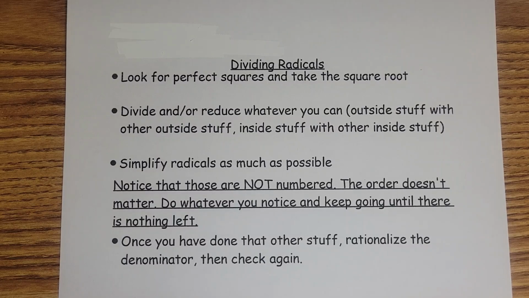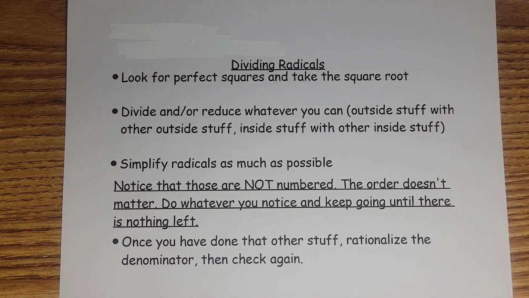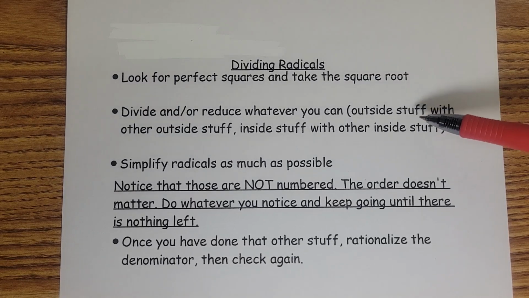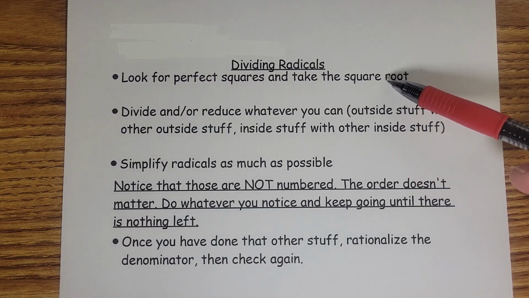Simplify radicals as much as possible, and just be aware, I even made note of this, these are not in any particular order. You can do stuff as you notice it. There are times when you might notice a perfect square first. There are times when maybe you'll divide or reduce, and then afterwards you'll realize, oh, there's a perfect square.